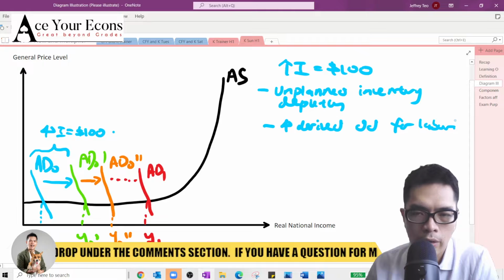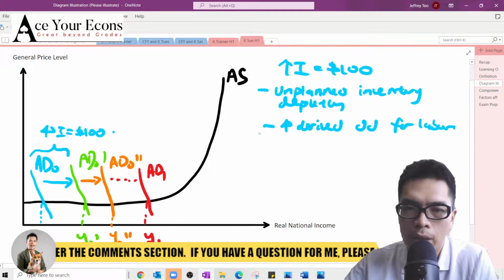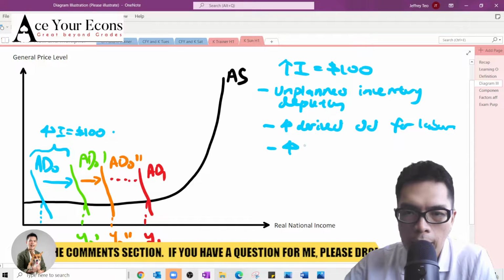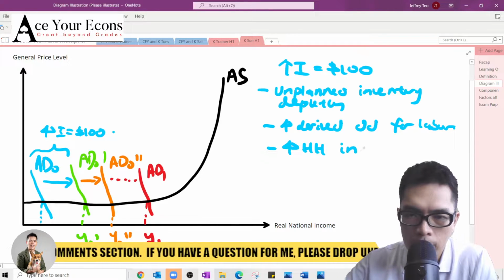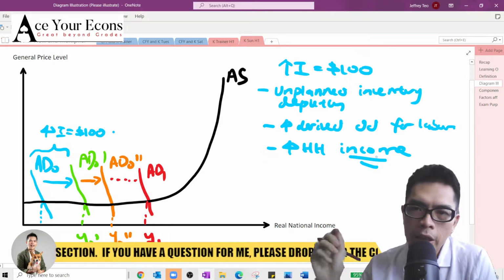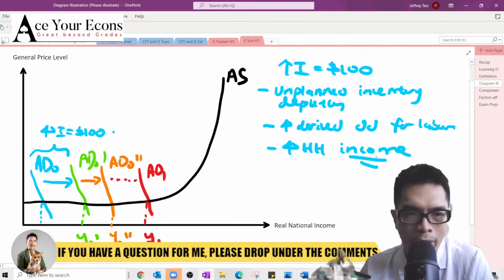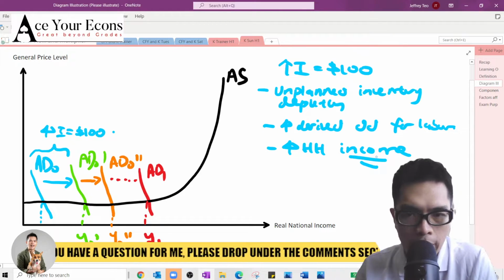Producers will have to step up their production. There's a higher derived demand for labor, and this leads to higher household income. So this is the catch. The initial spending of $100 will translate to $100 of household income.